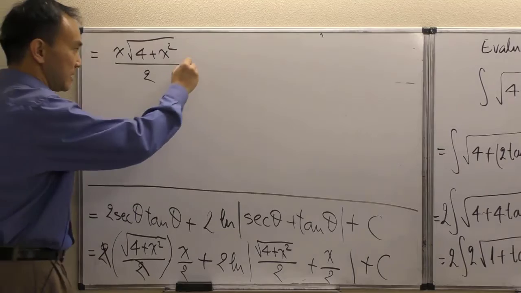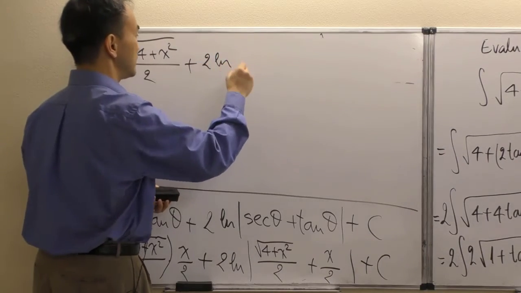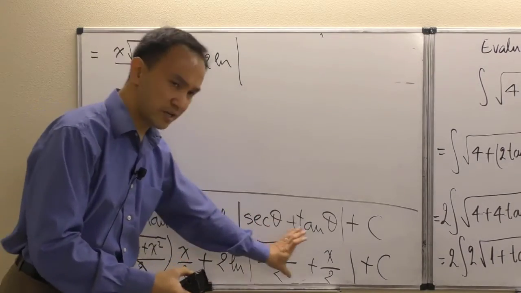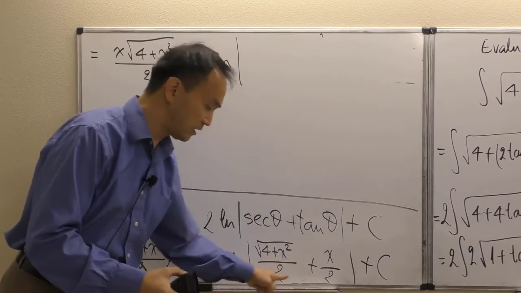Okay, and plus, now it has to be 2 natural log of, see, the good news is that the two terms in our natural log expression here have a common denominator.